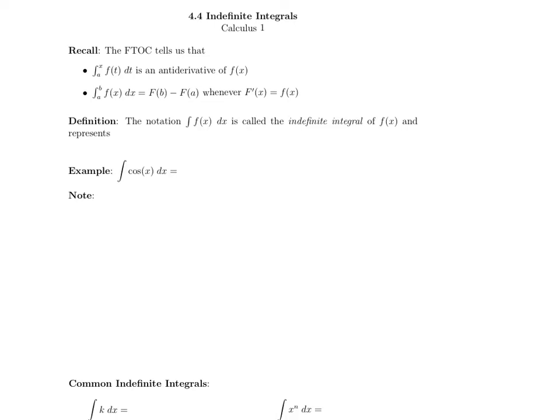I will motivate this topic by looking back to our previous discussion on the fundamental theorem of calculus, which involves two statements. Part one of the fundamental theorem of calculus tells us that the definite integral from a to x of f of t dt is an antiderivative of f of x.